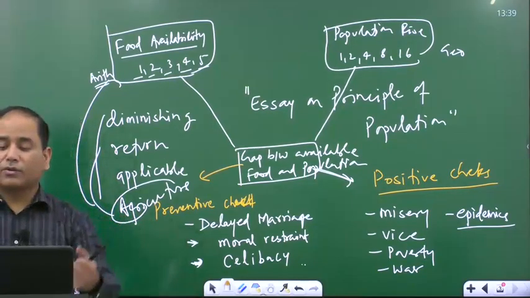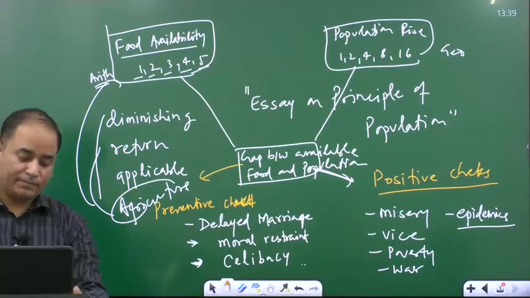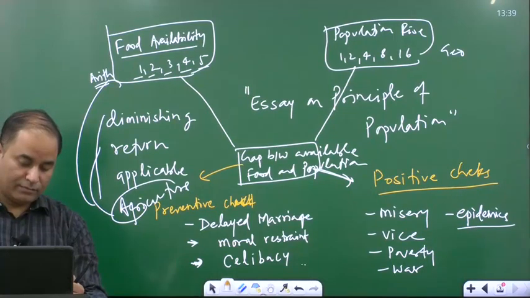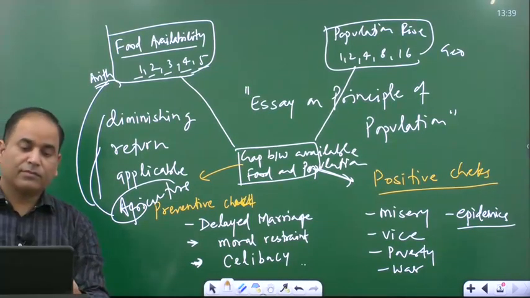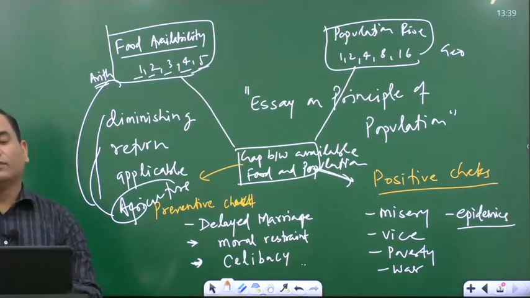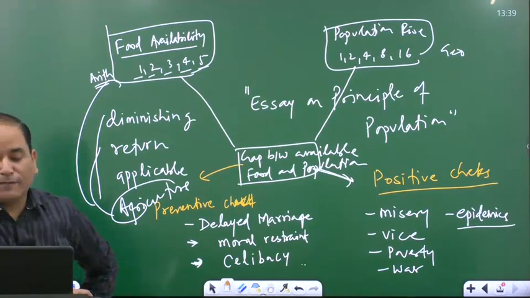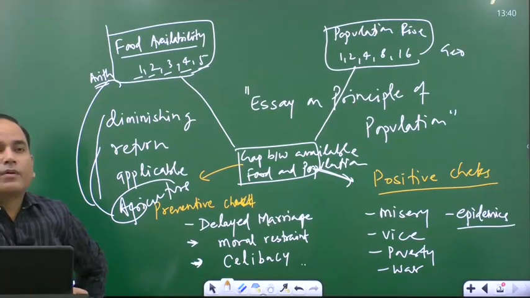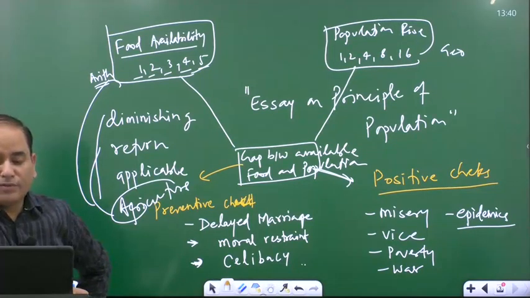To control this overpopulation, Malthus suggested preventive and positive checks.